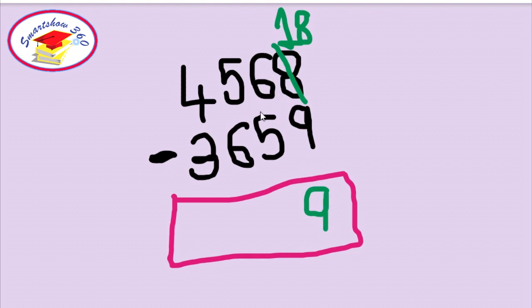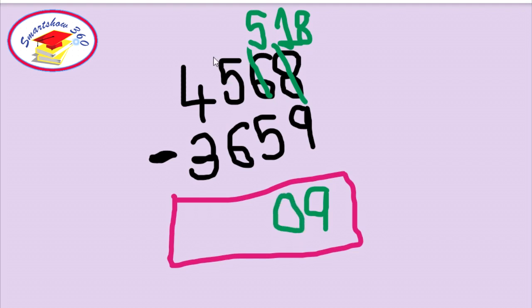And here 6 minus 5. But we already borrowed one 10 from the tens place, which you are now subtracting. So now we will take one away from there. So here now it would be 5. So here 5 minus 5 would of course be 0.